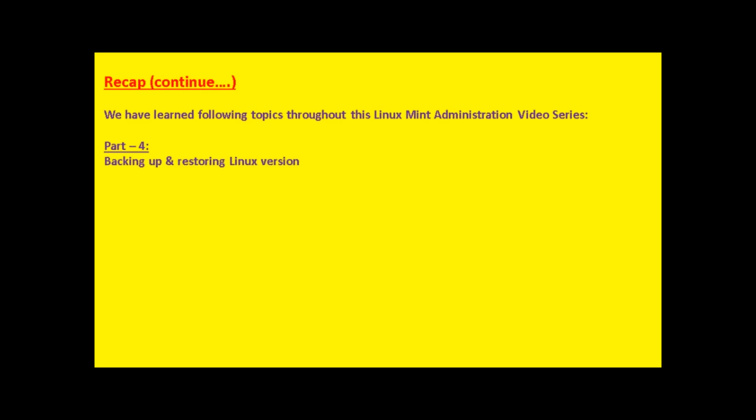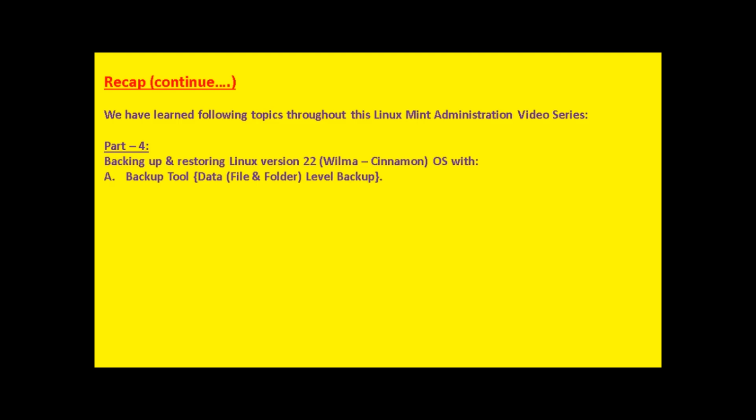Then the recap continues. So we have learned the following topics throughout this Linux Mint administration video series. In part 4, we have learned how to back up and restore my Linux Mint OS with 2 options. First option is through the built-in backup tool, that is your data level of backup.